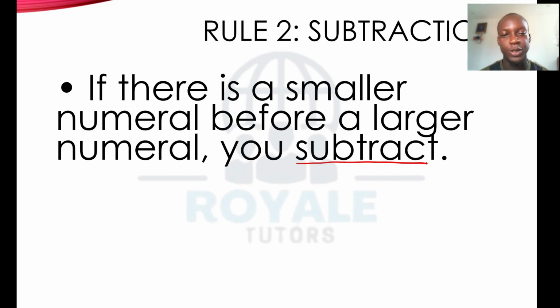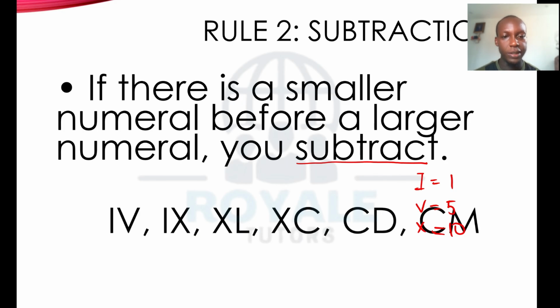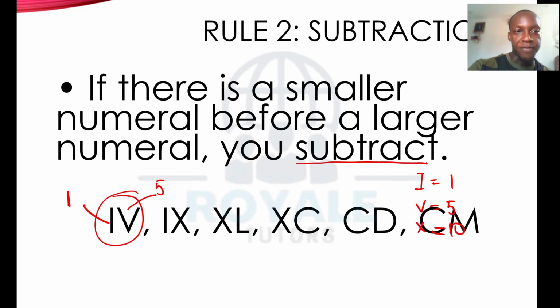Don't forget our symbols. We know that I represents 1, V represents 5, X represents 10. So now, take for instance, we have IV. We know that I is 1 and V is 5. And we have a smaller numeral 1 before a larger numeral 5.